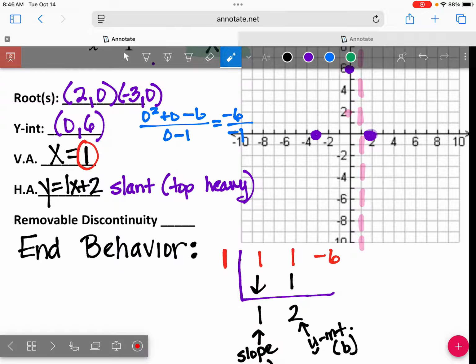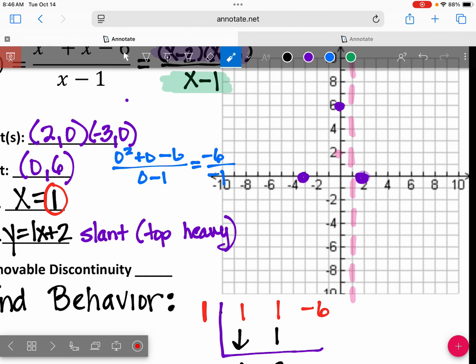And then from here, I'm just going up 1 over 1, put a point. Up 1 over 1, put a point. Up 1 over 1, put a point. So that's what you're going to do. Put down as many points as possible and then use your ID or some kind of feature to help you draw a straight line.